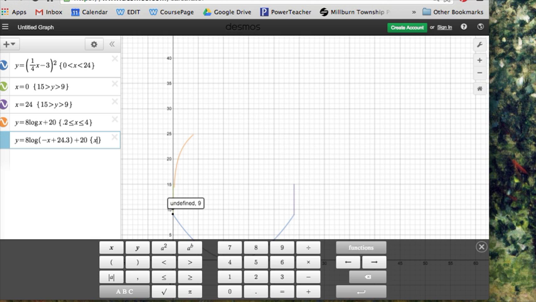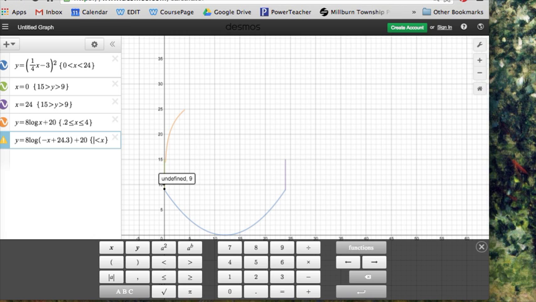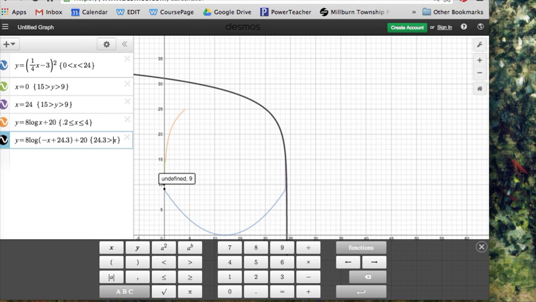So I want x to be bigger than, and you can just kind of play around with it. That looks good.